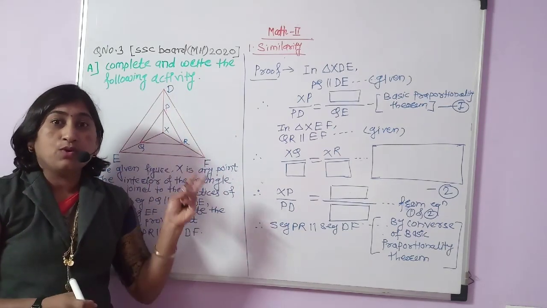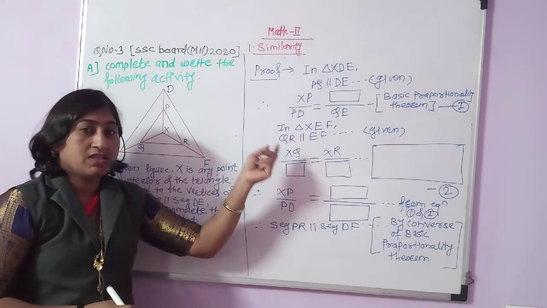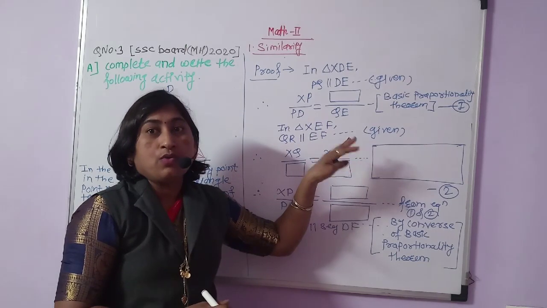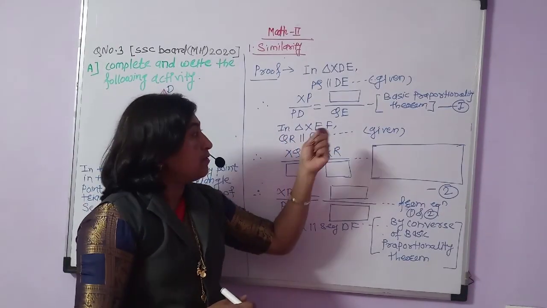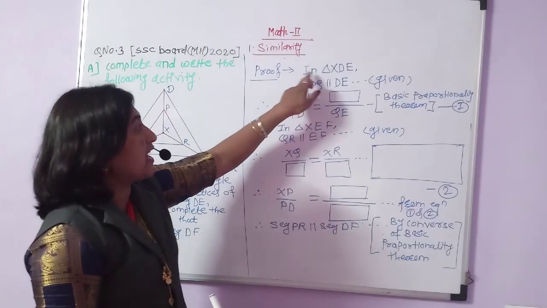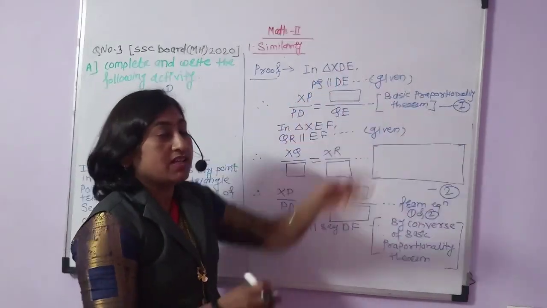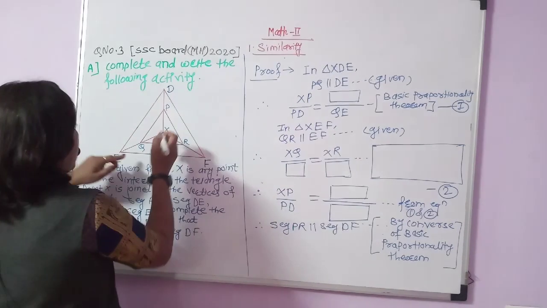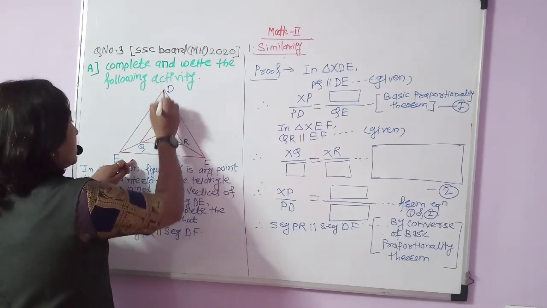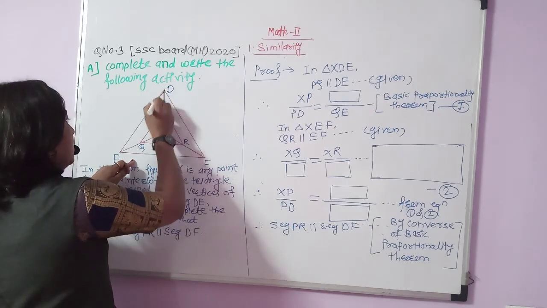How to write the proof? We are given the activity, that means the major part is given in written form. We are only filling the blanks here. See here, in triangle XDE. See in the figure, triangle XDE, this triangle.